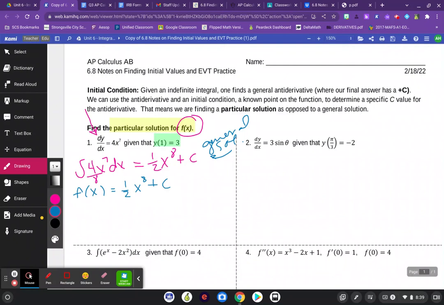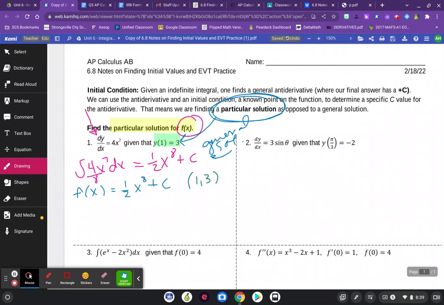Now I want to know the particular solution, and that means a specific solution. And I'm going to use this point on my f function or my y function in order to figure out what c should be. Now notice that green. Notice that this says y of 1 equals 3, and what that really means is that I have the ordered pair (1, 3) on my curve.